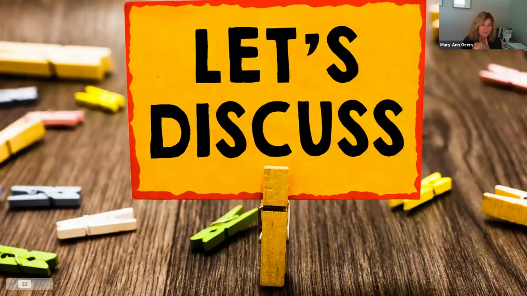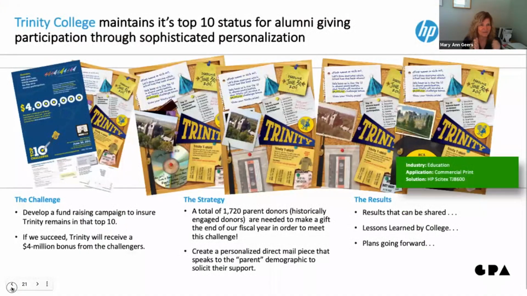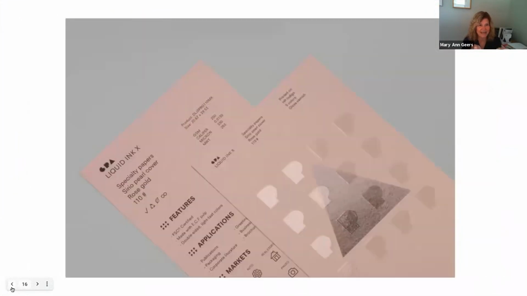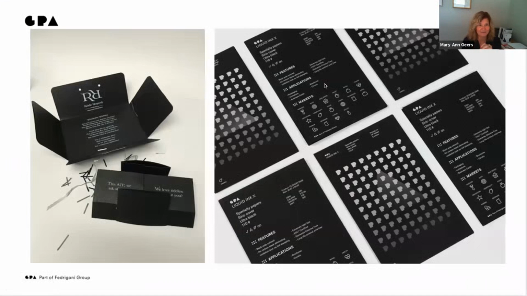So if I were a commercial printer, one of it is just some statistics. One of our OEM manufacturers gave us a statistic that with embellishments, and Dave, there's a slide with some black paper, I know you'll see that one. With embellishments or specialty techniques, the consumer retention is 70% once they've interacted with a piece that has something. Yeah, that one there is a really good example, or the black one.